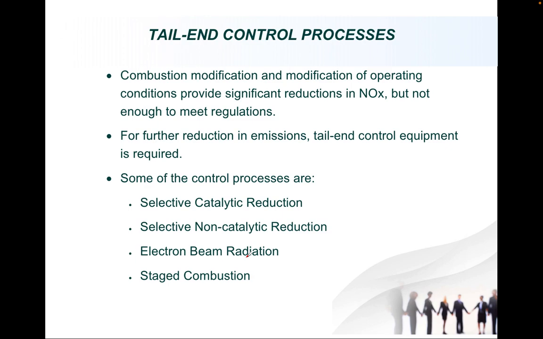So nitrogen gas and oxygen will be separated by the catalytic reaction, and only nitrogen and oxygen will come out. So there are different types of catalytic converters. We can use the electron beam radiation process, or the staggered combustion process. These are the different methods through which we can control the nitrogen oxide.